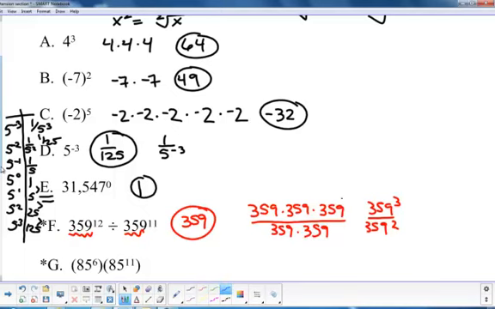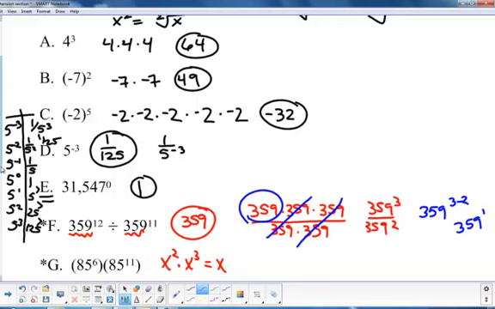You see how this cancels and this cancels and you have 1 left? Whenever you're dividing, you can subtract exponents. So this is like 359 to the 1. And when you're multiplying, you add exponents. Like x squared times x cubed is x to the 5th.